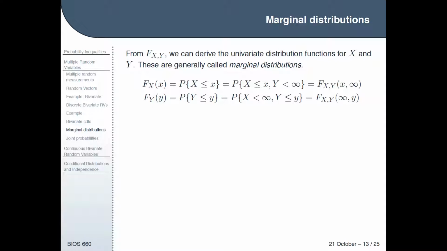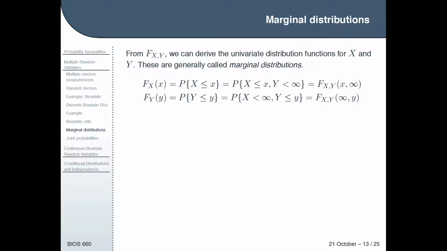The simplest way is, given big F of x and y, if you want the marginal CDF of x, you just let y go to infinity. Similarly, if you want the marginal CDF of y, you let x go to infinity.